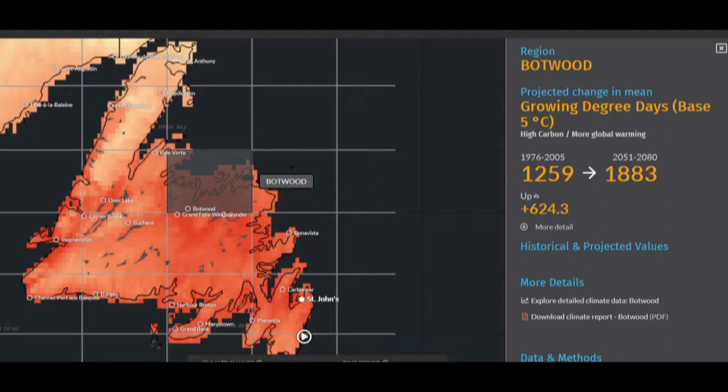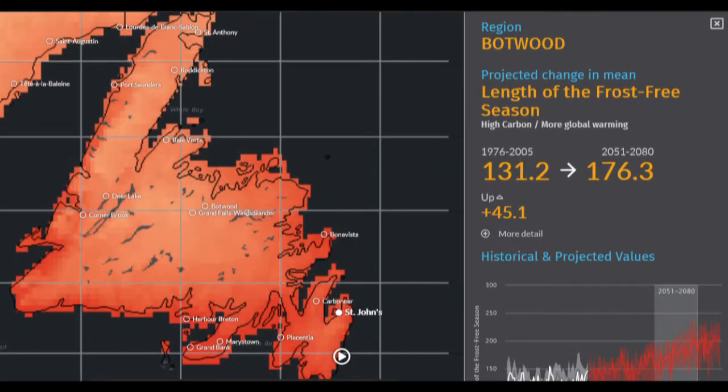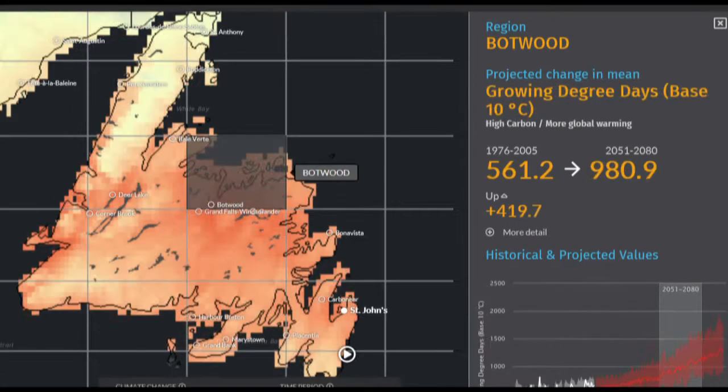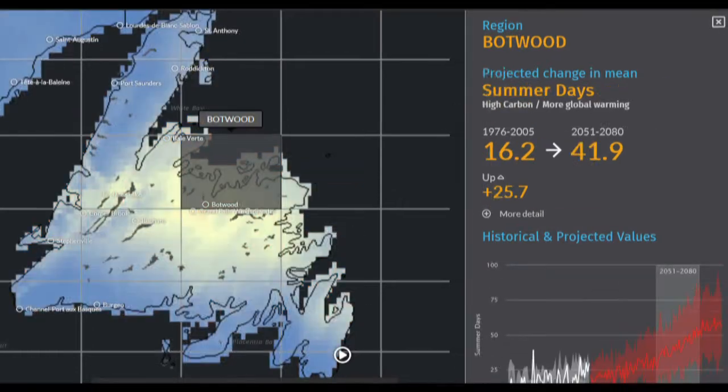Take my area for a first example. It's USDA Zone 5. It averages 1,259 Celsius GDUs. That's 2,266 Fahrenheit. This is at base 5 degrees Celsius over a 130-day growing season. We receive 561 GDUs at base 10.